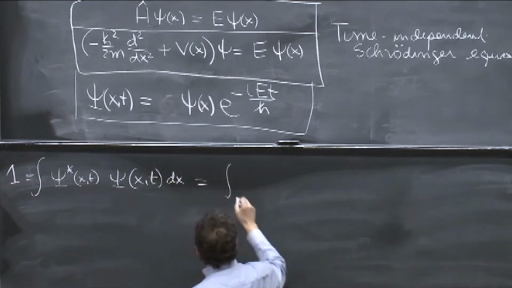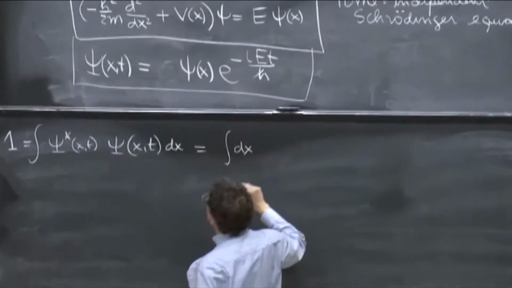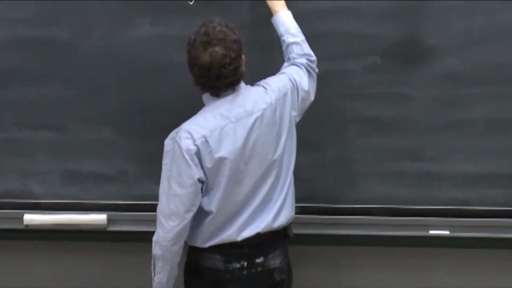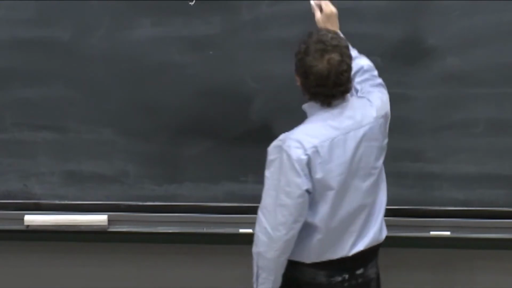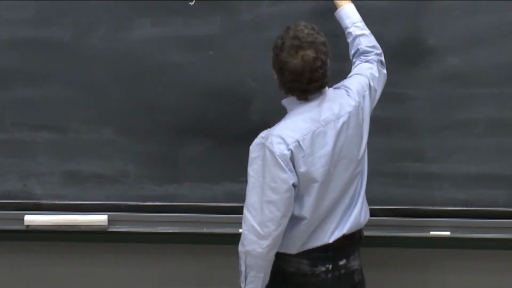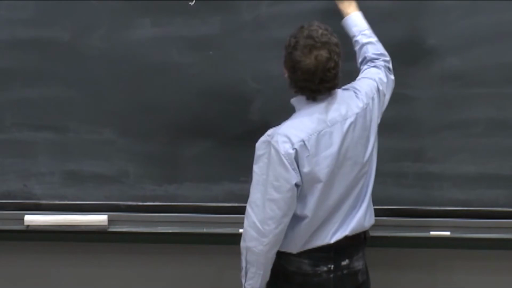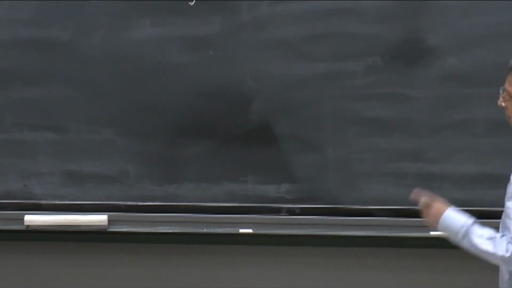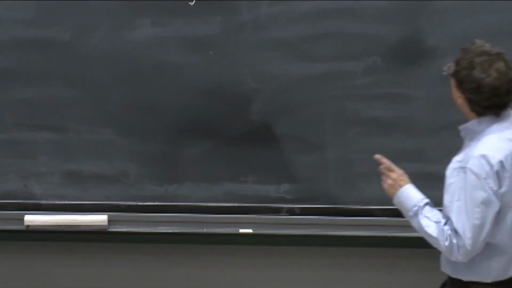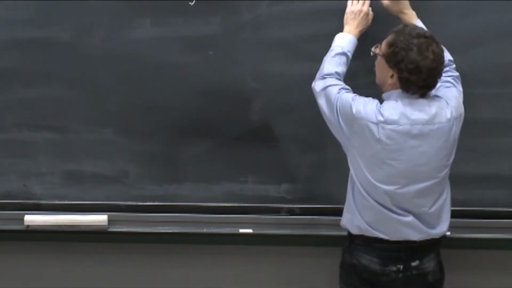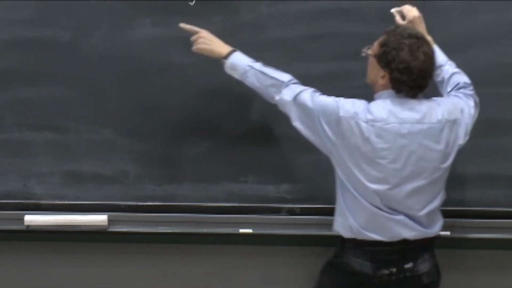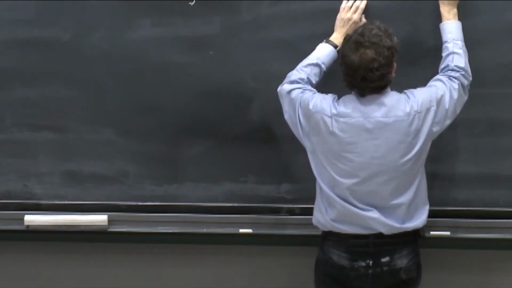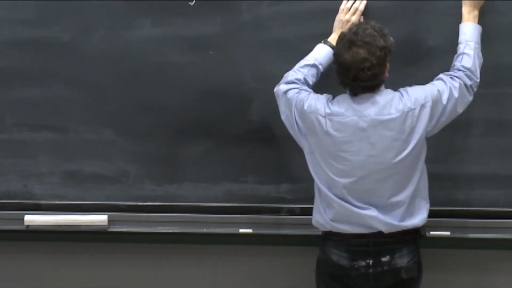So what do we get here? We get the integral dx of psi star of x times e to the i E t over h bar, that's the complex conjugate, and this other term is psi of x times e to the minus i E t over h bar.